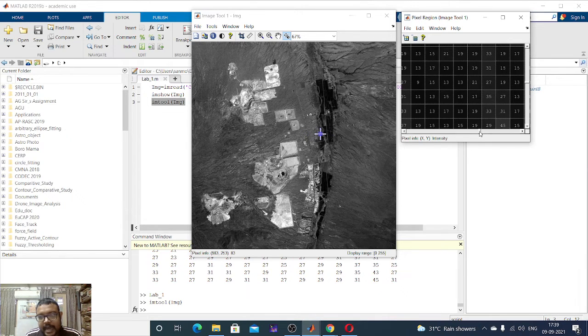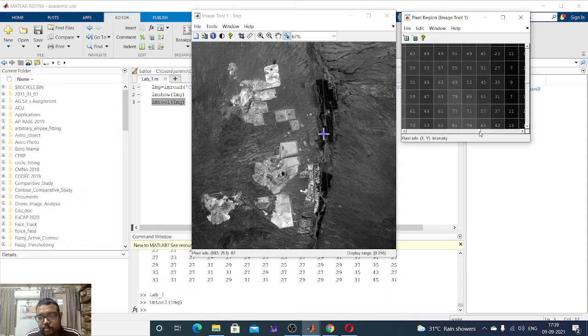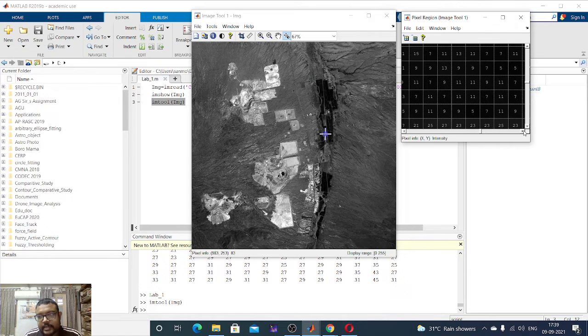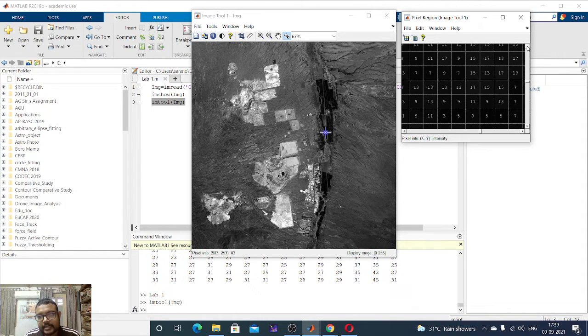See, I am seeing the black region, so it will come around 0 to 20. It is not exactly 0, but around 0, the black portion.